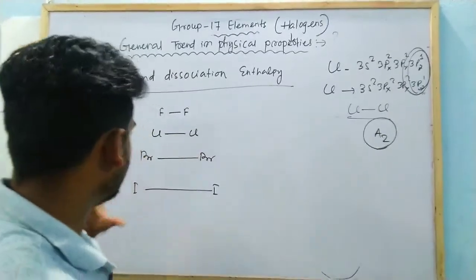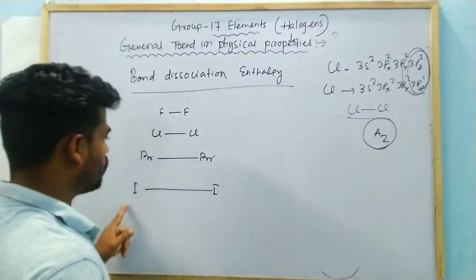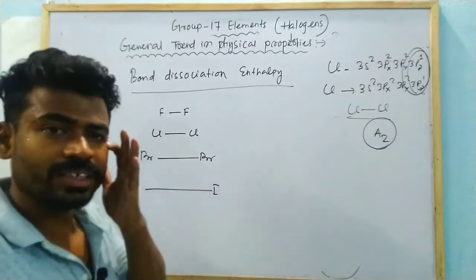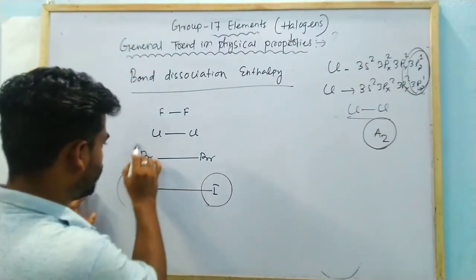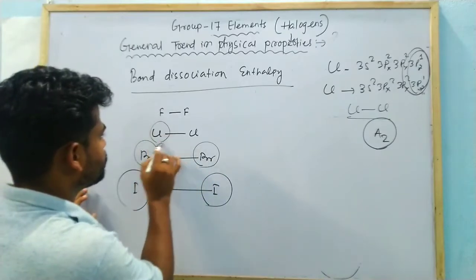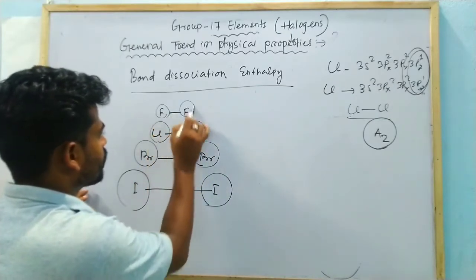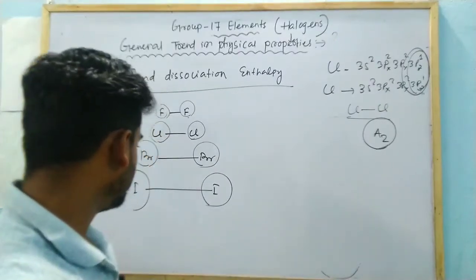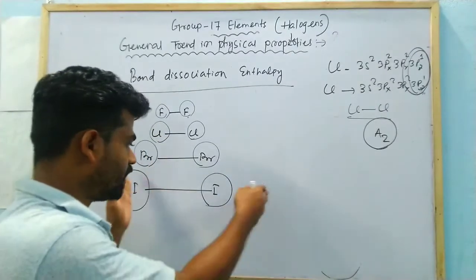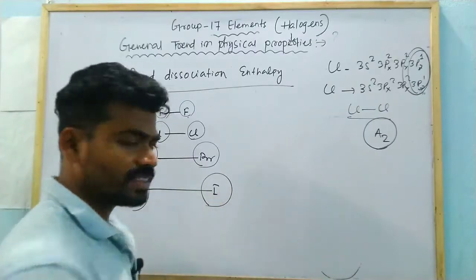Okay, that's why as you move from top to bottom, the bond length increases due to the increase in their size. Regarding bond dissociation enthalpy, it is easy for an iodine molecule to separate into iodine atoms because of the large distance.